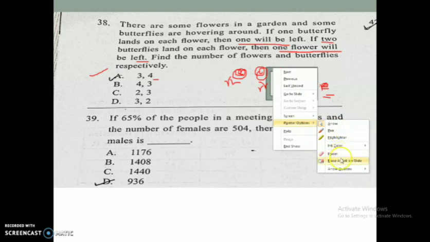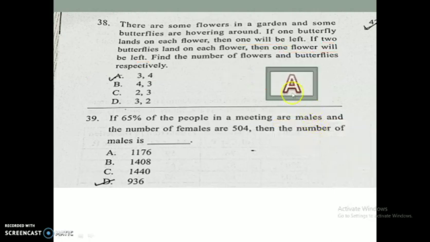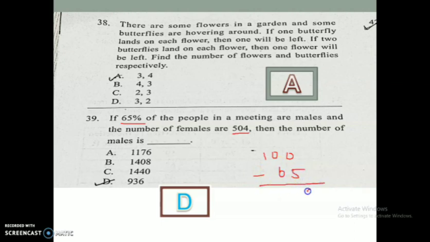Let's go for question number 39. If 65% of the people in a meeting are males, the remaining percentage is for the females, and the number of females is given as 504. So we have to calculate the number of males in the meeting. 65 is given for the males, so 100 minus 65 gives you the female percentage, so it is 35.